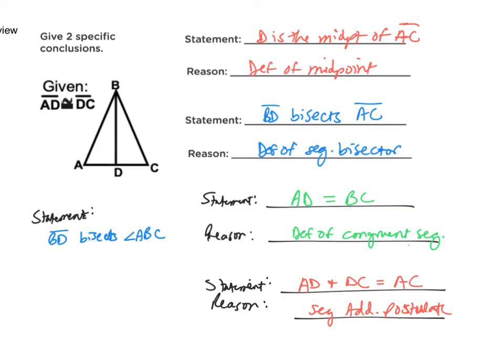Okay, so taking a look at this one, this is a complex one. I'm actually going to say that there's 4 correct things that we could say. So most specific, most of you said the first one there. If two segments are congruent to each other, I like to mark it like that, then we know D is the midpoint of AC. A lot of times we reverse it and we start with this. If D is the midpoint of AC, then you tell me this. Okay, definitions go both ways.